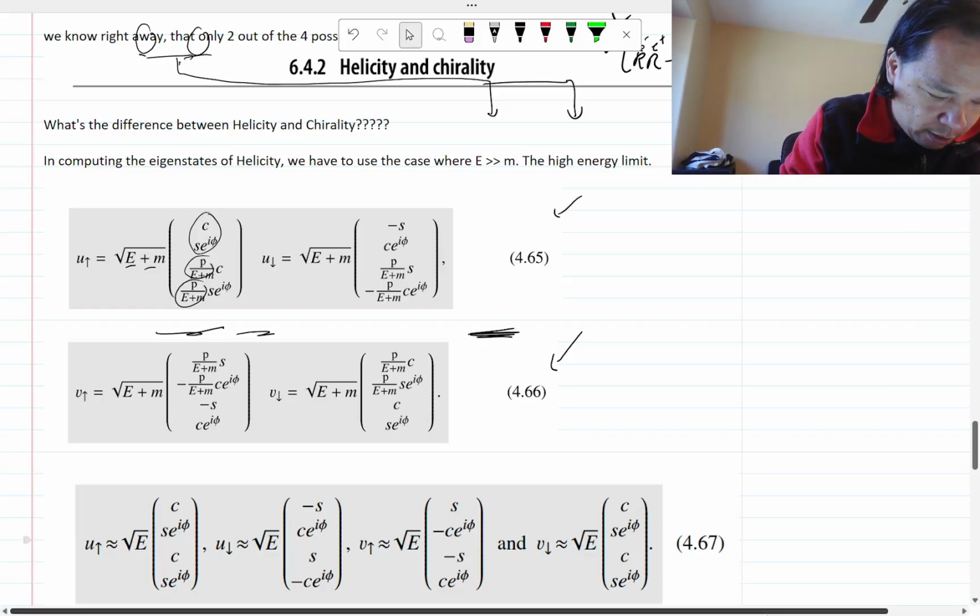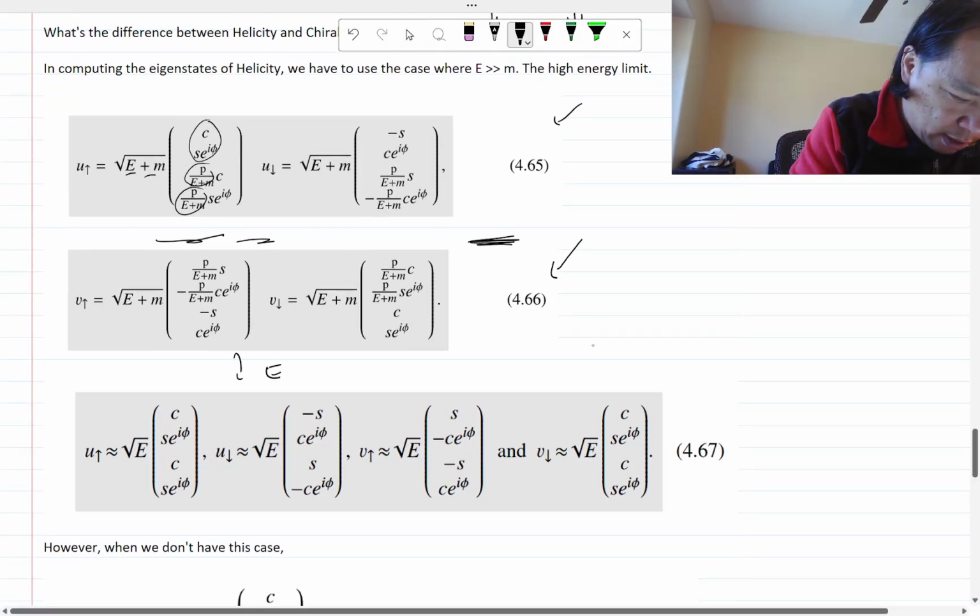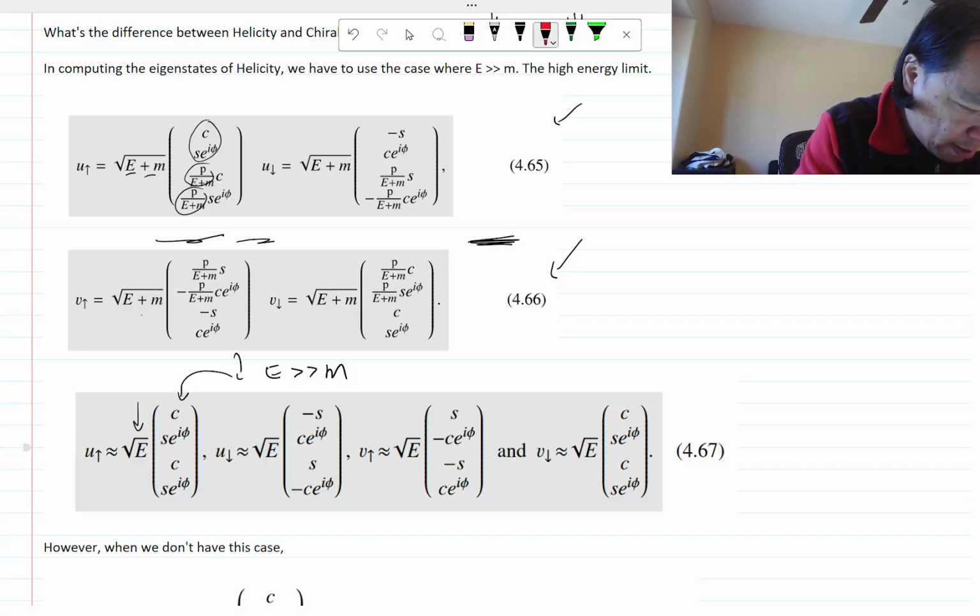It's only when we did the high energy limit, E much bigger than M, that we were able to simplify things. Since E is bigger than M, the square root in front just turns into E, and this P over E plus M also basically goes to 1.